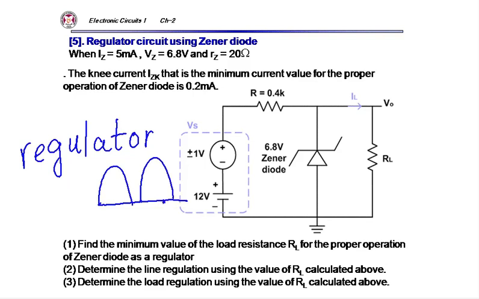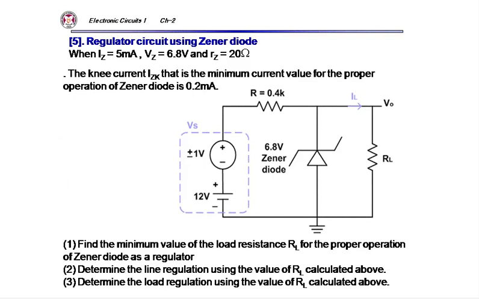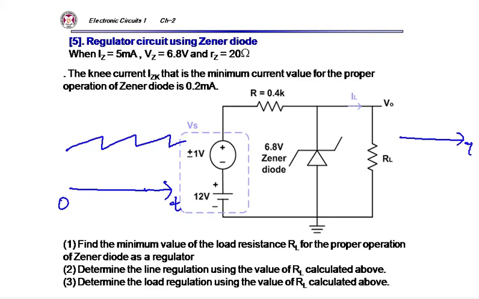There is a filtering here. This voltage is 0, and then I will make it very smooth here, very smooth there, right? So this is a diode actually. Diode can do some regulation.